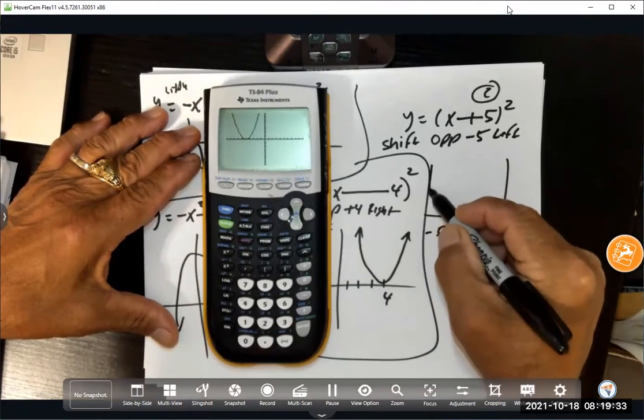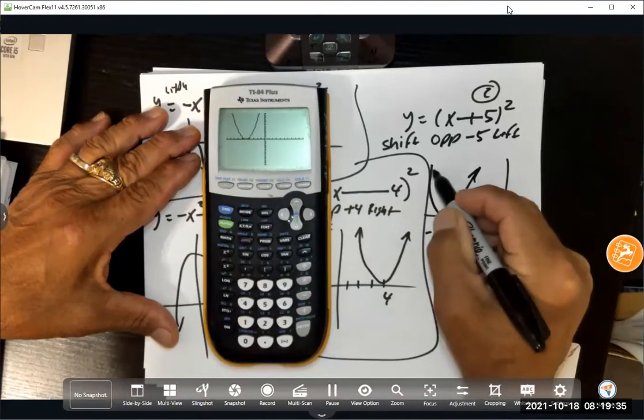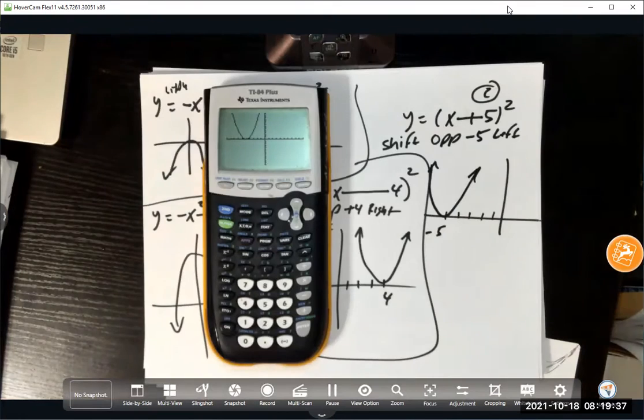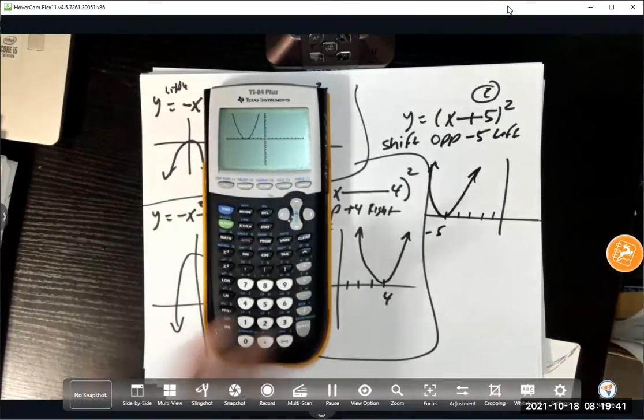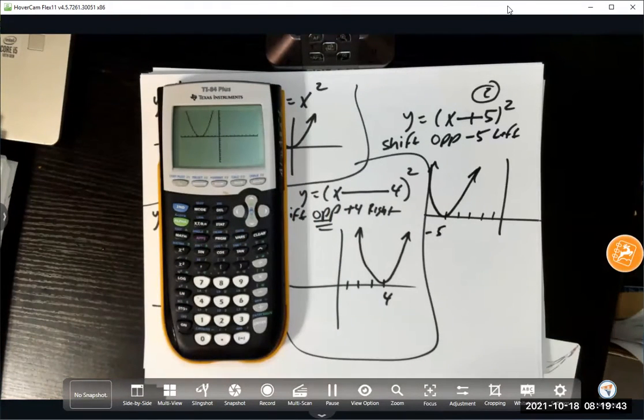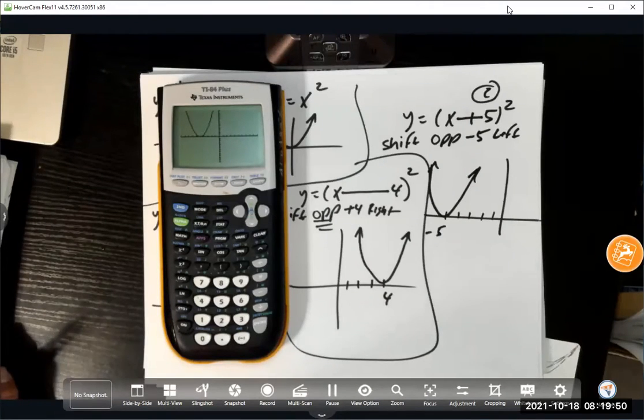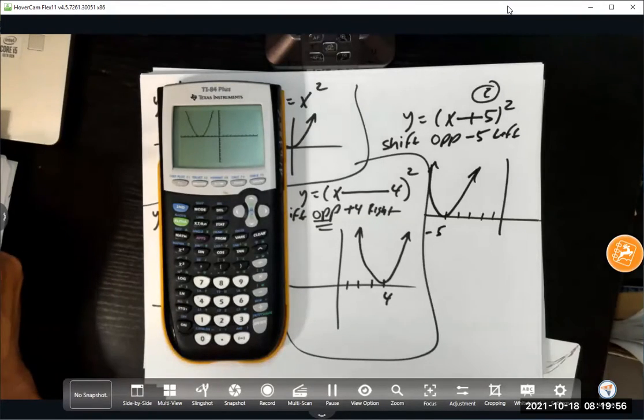It's going to go down, and it's going to go up right there. Y'all get a graph like this? Yes or no? Okay. Yes? Yes, I got it.